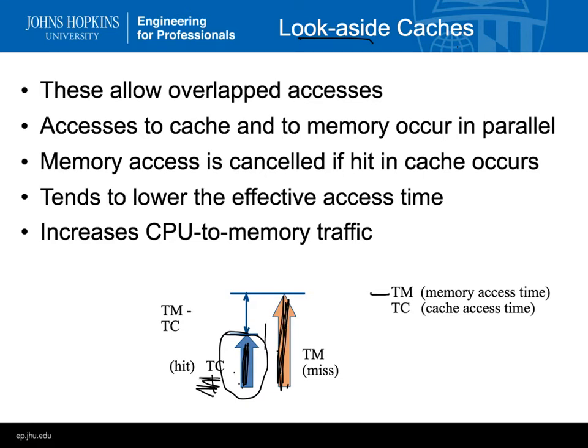If it's a miss, this is the amount of time it takes. It requires traffic over two different buses at the same time, but it lowers the effective access time. This is your only miss penalty.